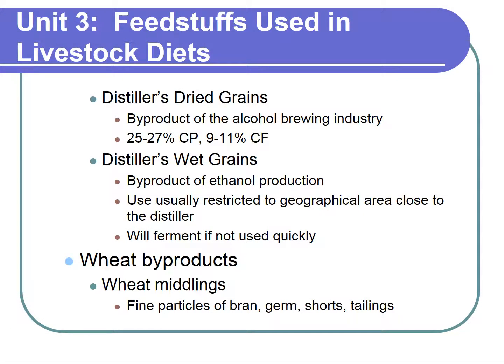Distillers' dried grains, when you talk about byproducts of the alcohol brewing industry, or even the ethanol brewing industry. DDGs have become very common in terms of feeds and feed options because they're generally pretty price competitive.